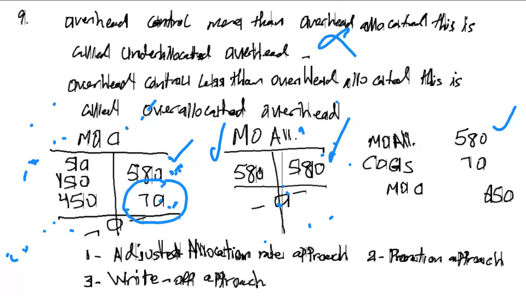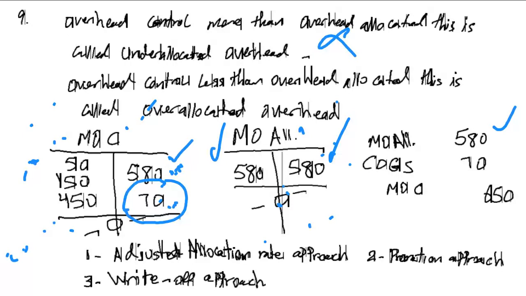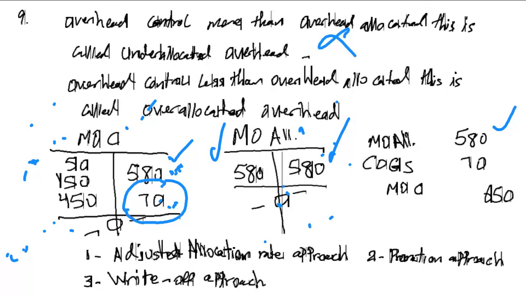So I credited manufacturing overhead control $70, right? And if I credit here 70 plus 580, I have manufacturing overhead control credited 650 here, right? But I already debited manufacturing overhead budgeted for 580. So I'm short $70 here.